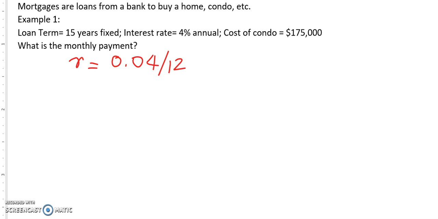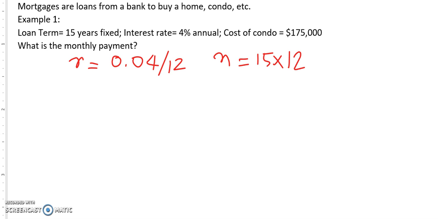That's why we are dividing by 12. Now, the loan term is 15 years fixed. So n is equal to 15 years times 12, and that will give you the number of months for the term.